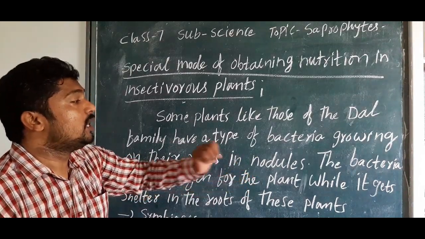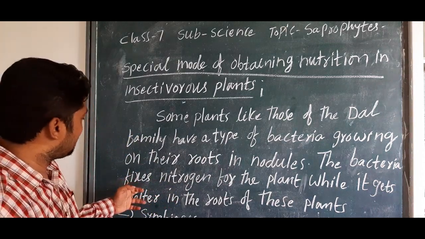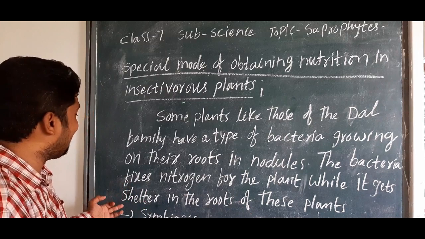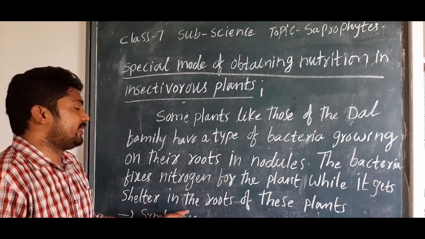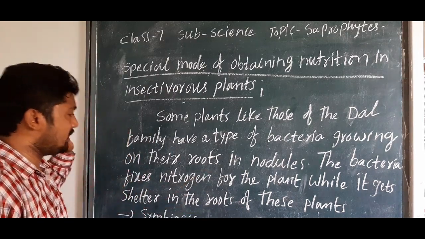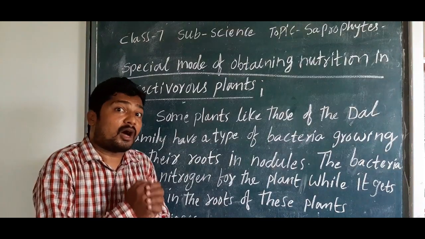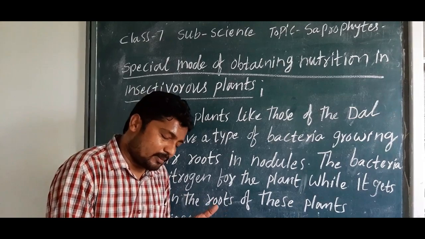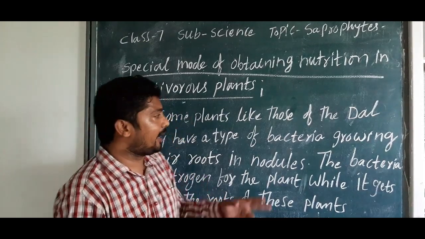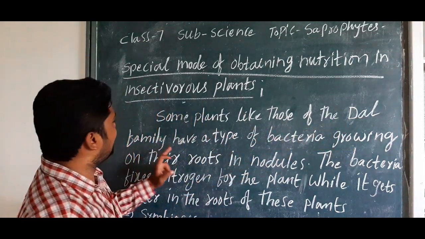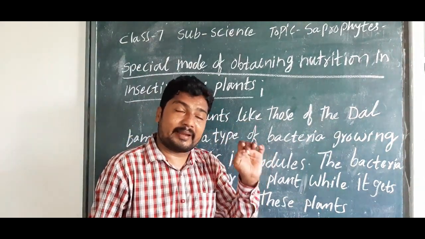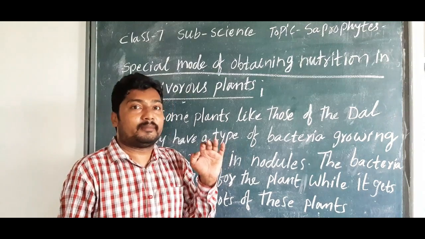The bacteria fix nitrogen for the plants while they get shelter. In the roots of these plants, they are associated with each other. The bacteria get the benefits, and at the same time the dal family plants also get the benefits.